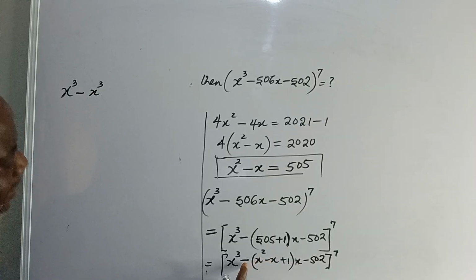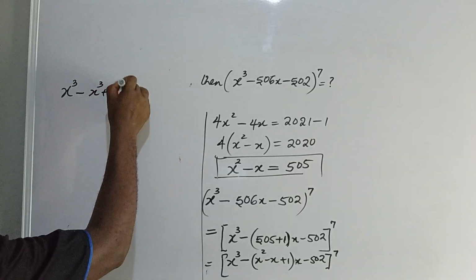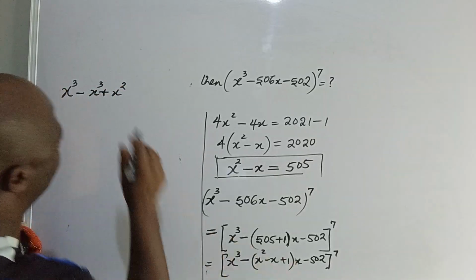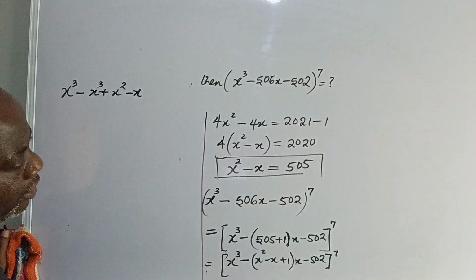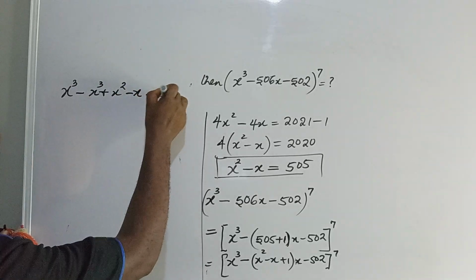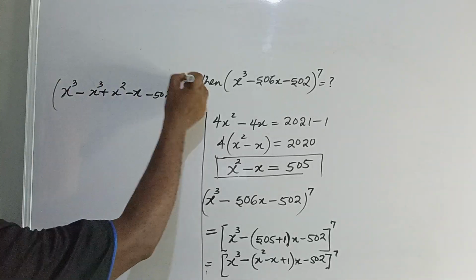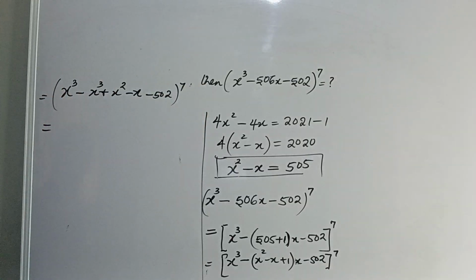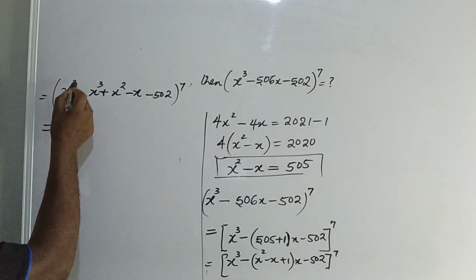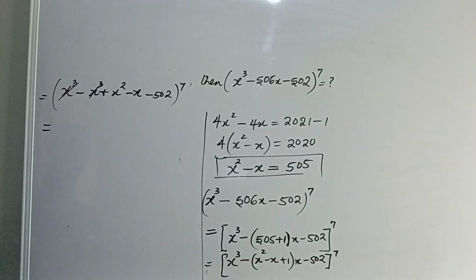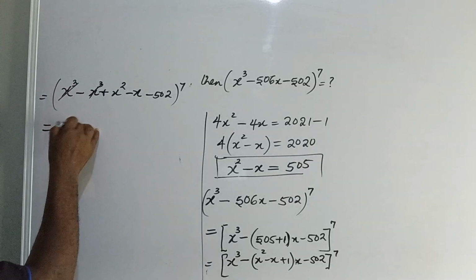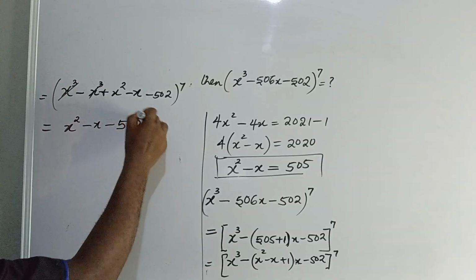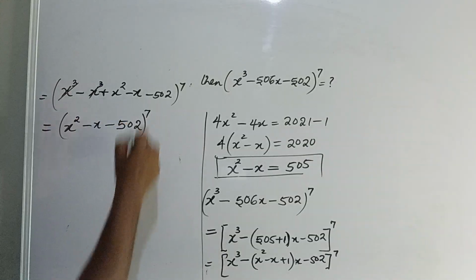Then negative multiplied by negative gives plus x squared. Finally we have minus x, then minus 502, everything to the power of 7. From here we see like terms cancel each other out, so we have (x squared minus x minus 502) all to the power of 7.